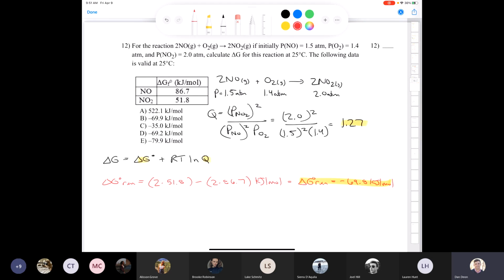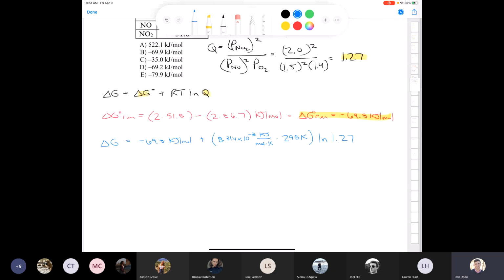So let's do it. My delta G for my reaction is going to be equal to negative 69.8 kilojoules per mole plus 8.314 times 10 to the negative 3 kilojoules per mole Kelvin. Again, I use kilojoules because I have kilojoules over here, multiplied by the temperature, which is 298 Kelvin, 25 degrees Celsius, multiplied by the natural logarithm of 1.27.